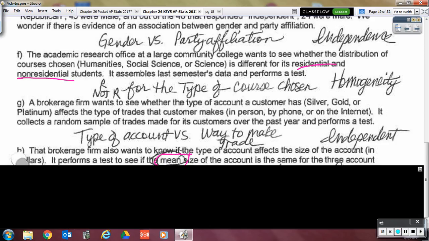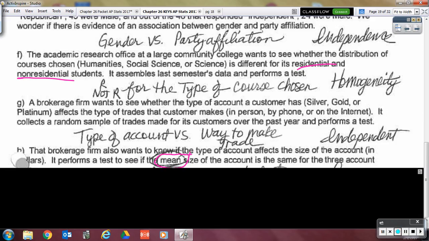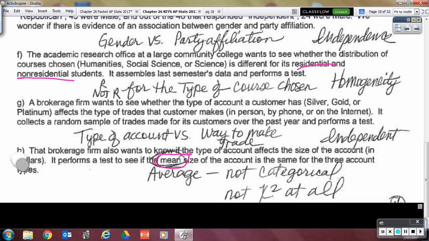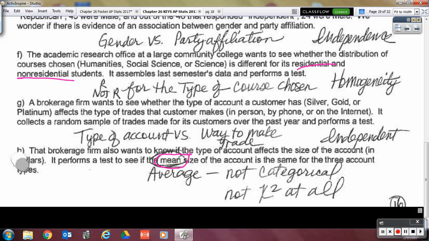Size of the accounts in dollars is to see if the average size of the account is the same for the 3 different types. What does that mean? It's average, not categorical, not chi-squared at all. Okay, so 4 times in the notes today I have referenced be mindful of averages because they are not categorical.